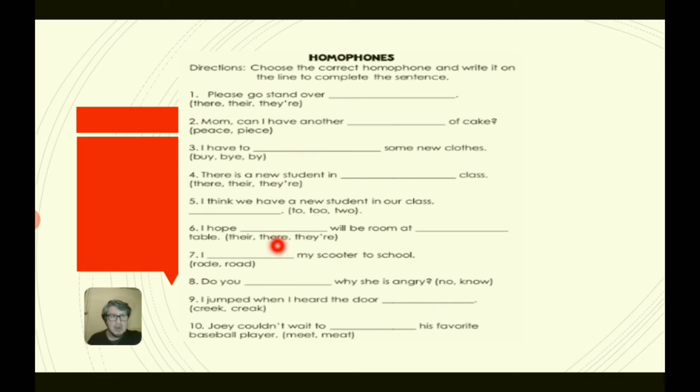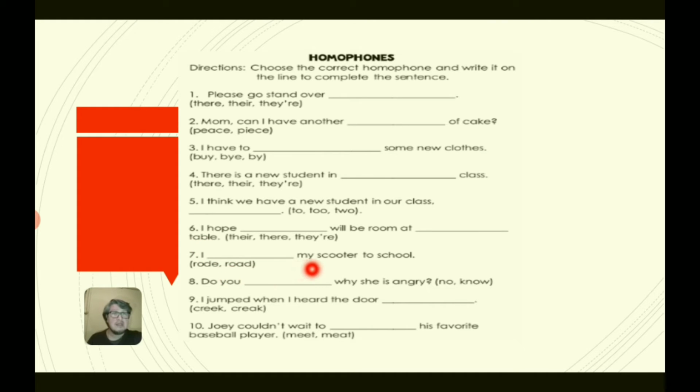So I hope there, this is the one, second one. Second option is the one that goes here. I hope there will be room at their, possessive, their table. So I hope there will be room at their table. Okay. Number 7.